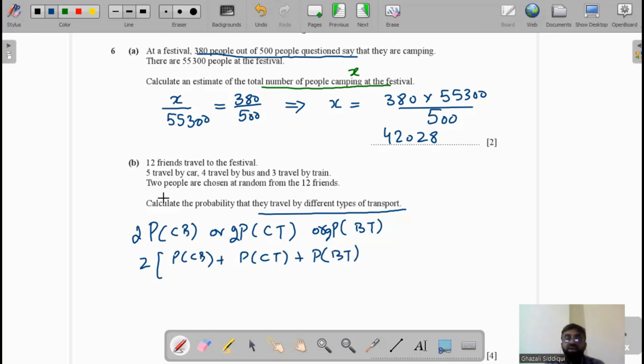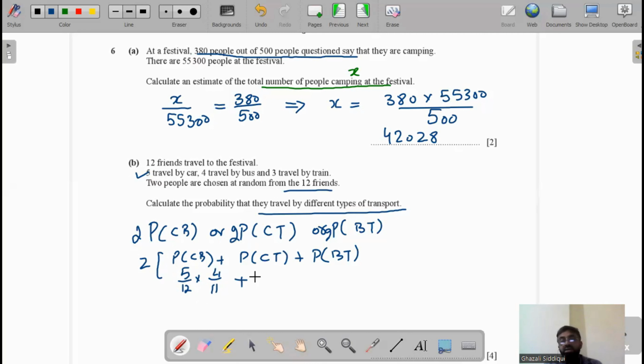Now here 2 people we have to choose out of 12 friends. Now the probability of car will be equal to, we see that 5 travel by car out of 12. Now we see 5 over 12, multiply, but one person is already chosen. Therefore, the number of people becomes 11 and 4 people remain. Therefore, multiply 4 over 11.